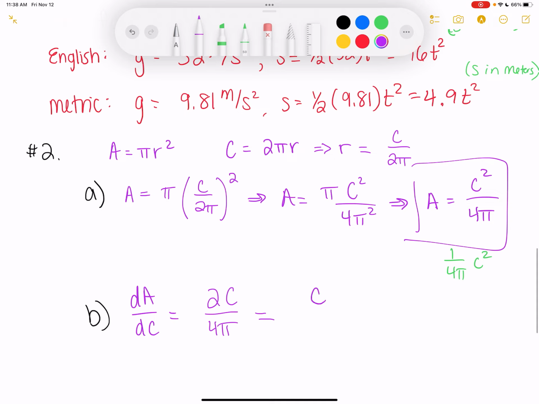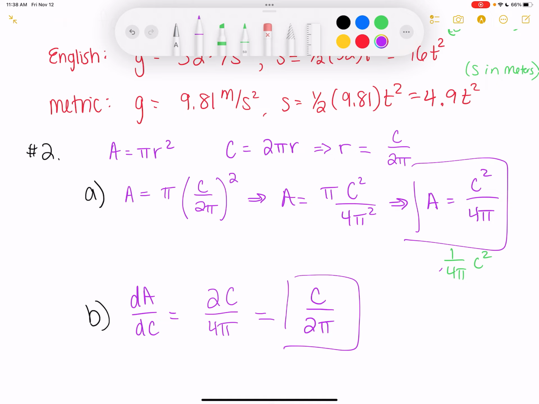So that's equal to c over 2 pi. How do you take the derivative of pi? Just like you would a constant. So it's 0? You're not taking the derivative of that because you have a variable with it. You just throw the power out front, which you did.